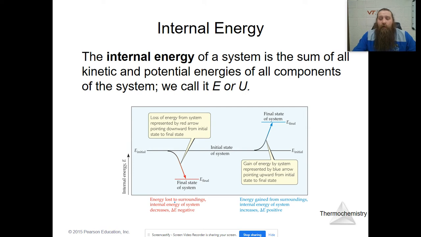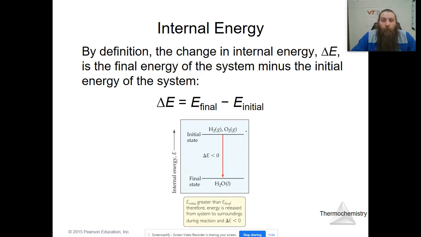That's another way to look at Q and W. So if you're losing energy to your surroundings, if your final answer is negative, then we would expect that energy to go into the surroundings. On the other hand, if the final state of our system is positive, we would expect that means we're absorbing energy from the surroundings.